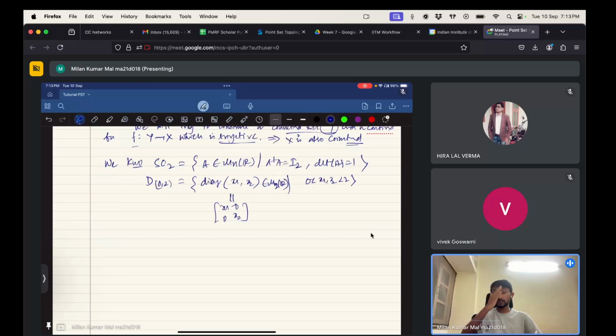That means all those diagonal matrices whose eigenvalues are in the interval 0 to 2.